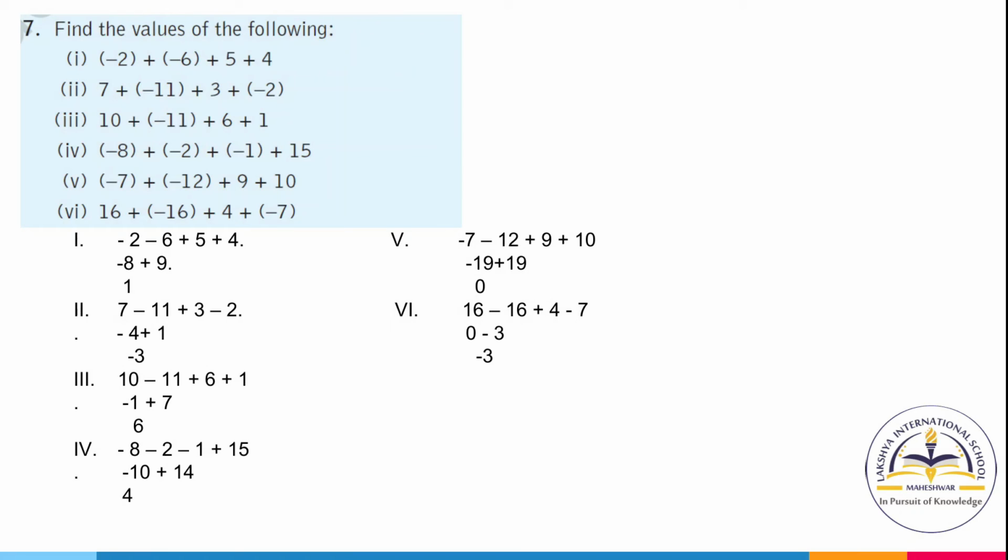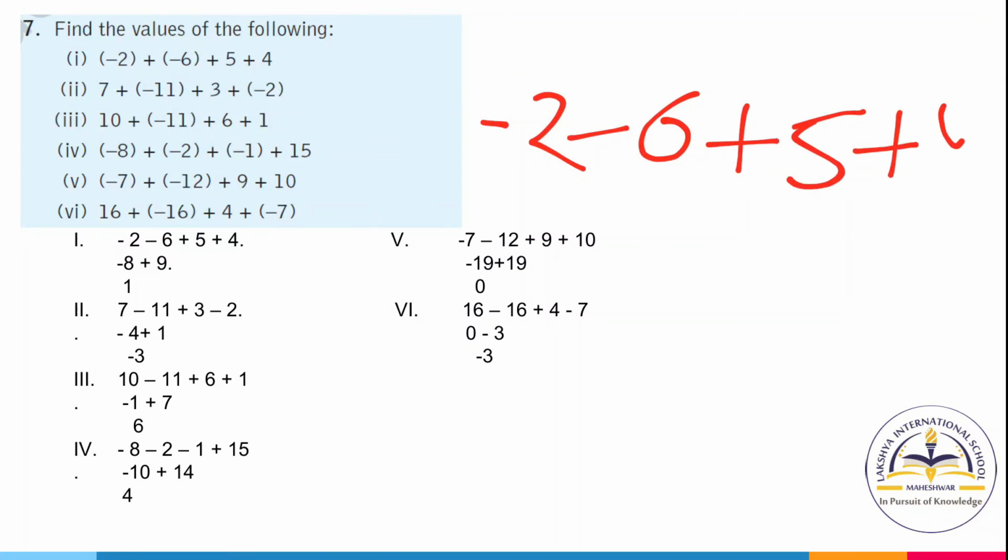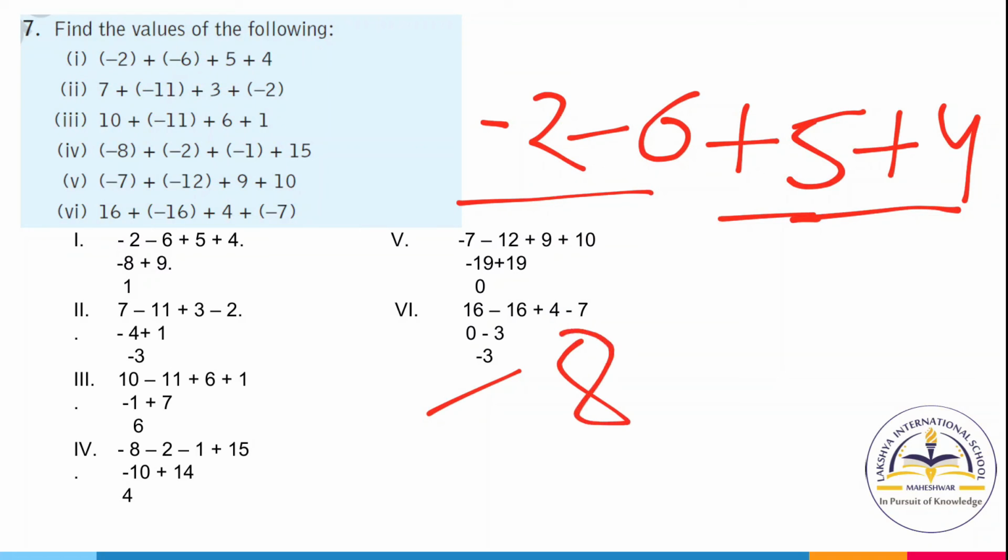Question number 7, find the values of the following: minus 2 plus minus 6 plus 5 plus 4. Now we will solve minus sign and plus sign. So minus 2 minus 6, that is minus 8. 5 plus 4, that is 9.